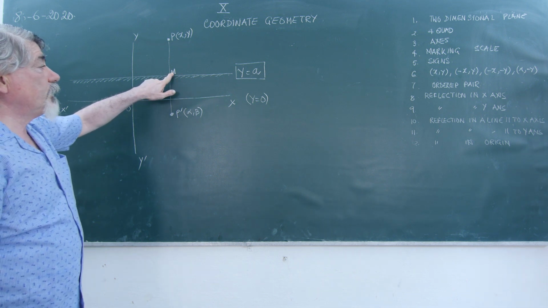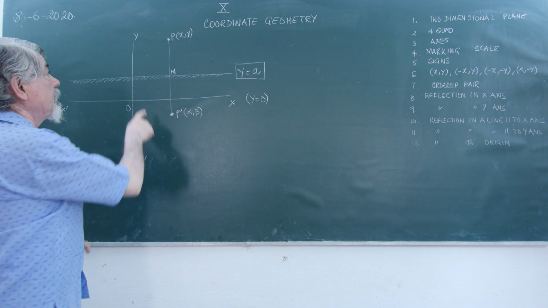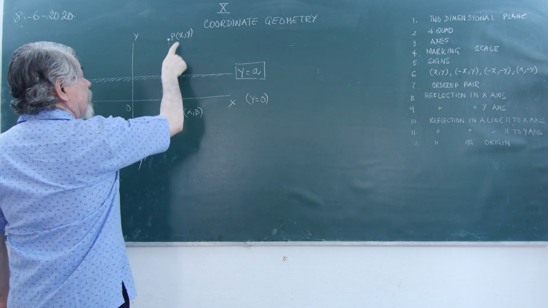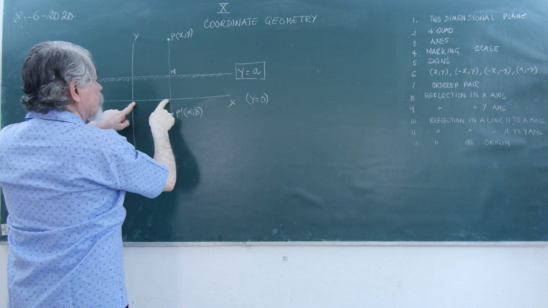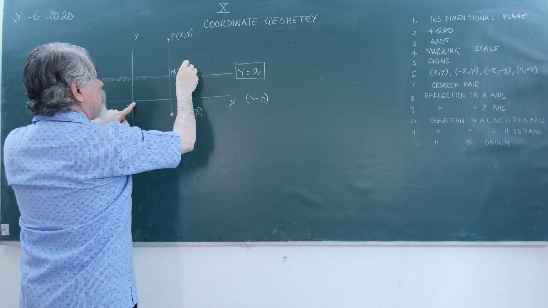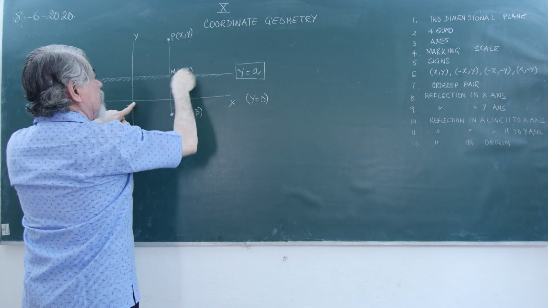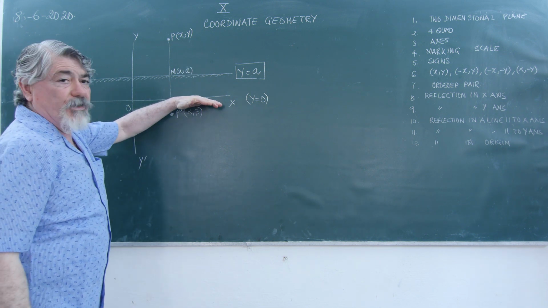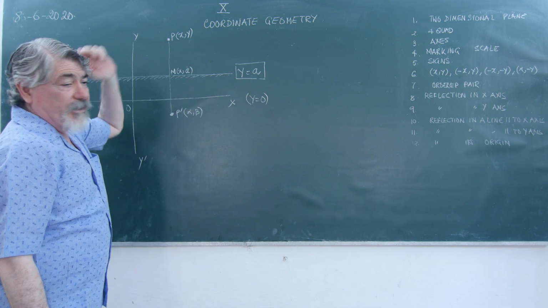What will be the coordinates of M? The coordinates of P are (x, y), so the x coordinate will be x. And y is equal to a. Y was 0 on the x-axis, but here y is equal to a.